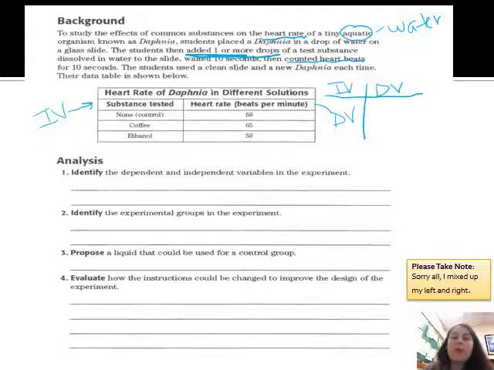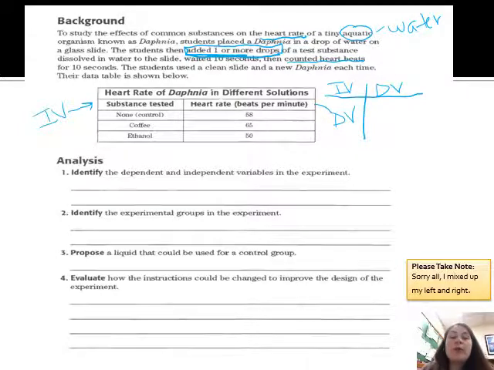So if I go back to the reading, I remembered that the independent variable is how the scientist or the experimenter manipulates the experiment. And lo and behold, we see that the students added 1 or more drops of the test substance.